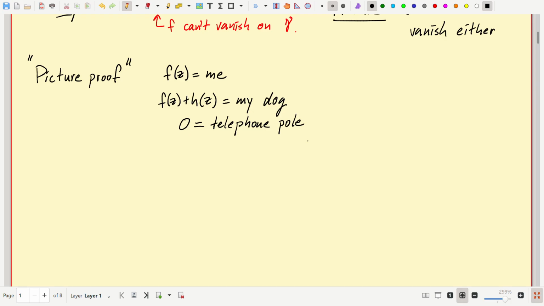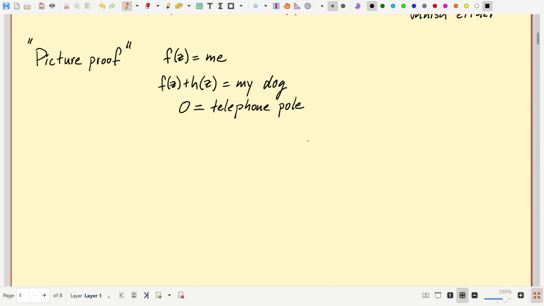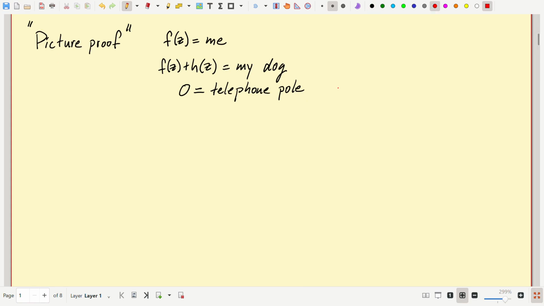So let's think about this. Here's the telephone pole. And here's me, f of z, out here somewhere. And if I have f of z plus h of z, so this spot here is going to be f of z plus h of z.